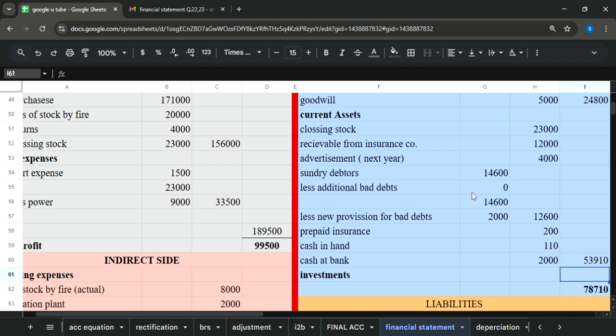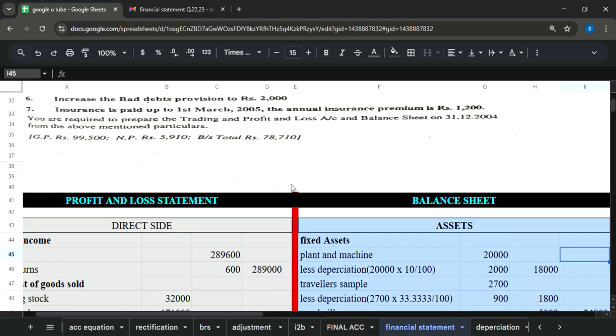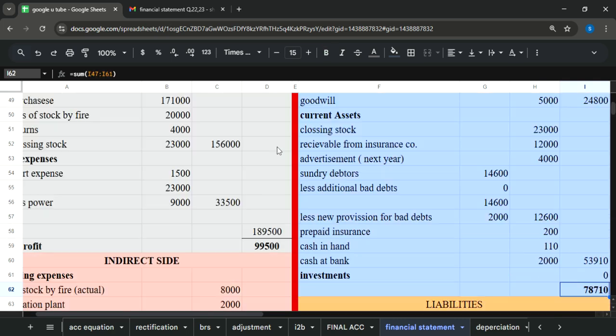Investments were 0, so you may mention 0 over here. So there were 3 parts. Fixed asset 24800, current asset 53910, and you have taken the sum of these two amounts and you have got 78710 as the total, and you know that our balance sheet answer is also 78710, and we have got the same. So in this way we have completed our question.